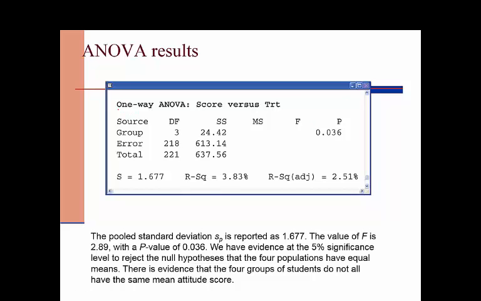This is called that one-way ANOVA output. It's the same table that we just went through. So if sum of squares is given to you, you can see that when you add these two things up, you get the total.